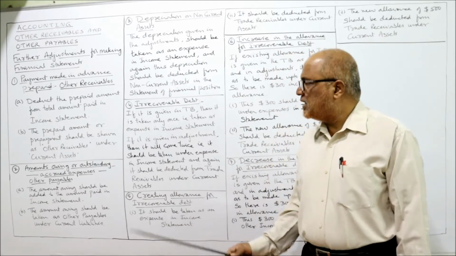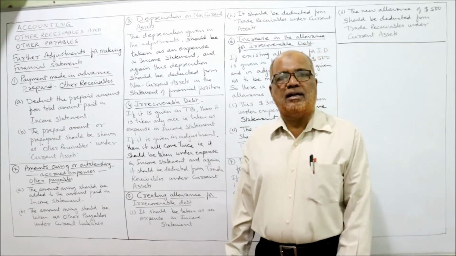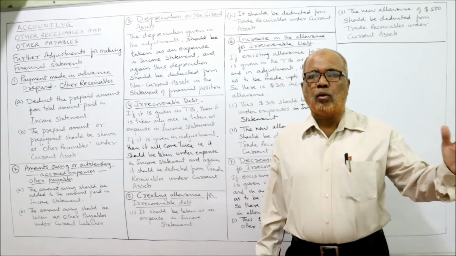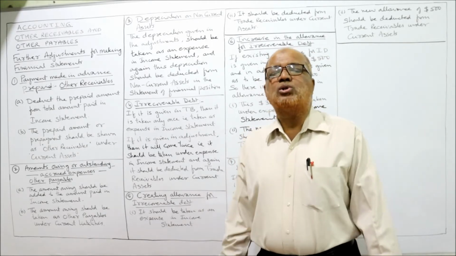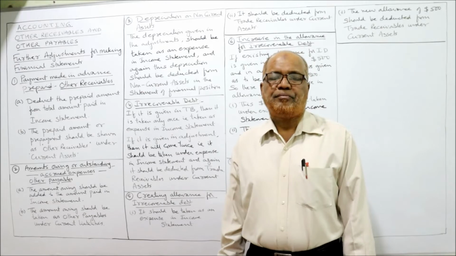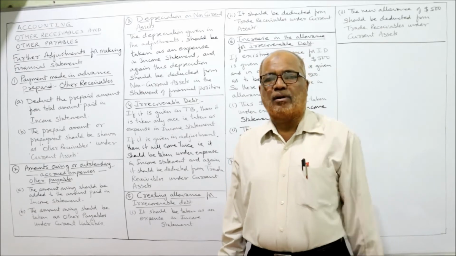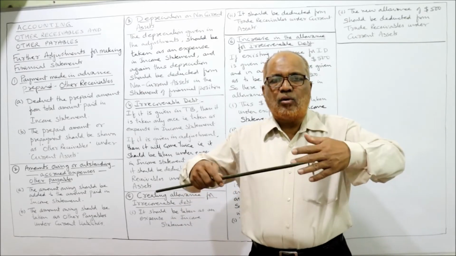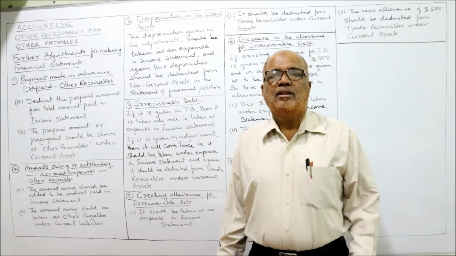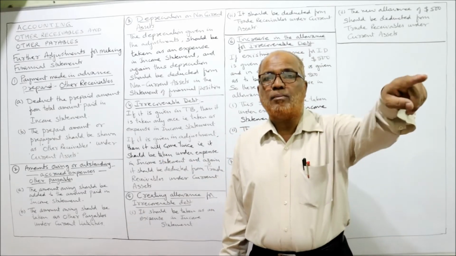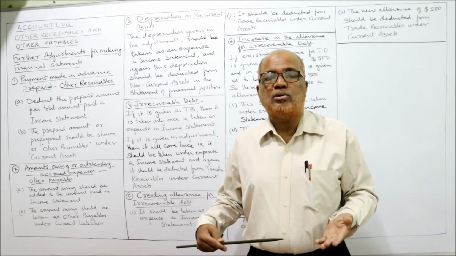The next adjustment is regarding irrecoverable debt. Already I have uploaded the videos for irrecoverable debt. Normally it is also called bad debts. The debt which is irrecoverable. A business will sell the goods to so many customers on credit. There is a possibility that some of the customers may not pay the amount.